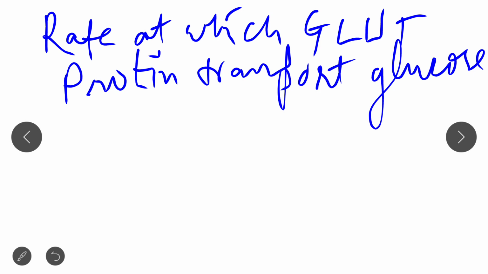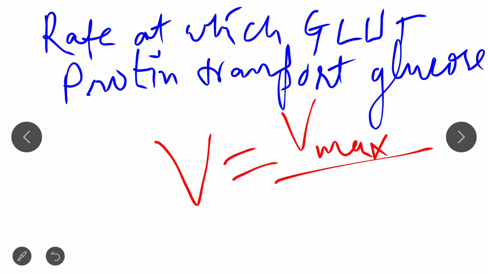I will discuss in brief the Michaelis-Menten equation when I teach you module 1, that is biochemistry. And the equation is V equals Vmax by 1 plus Km by C.